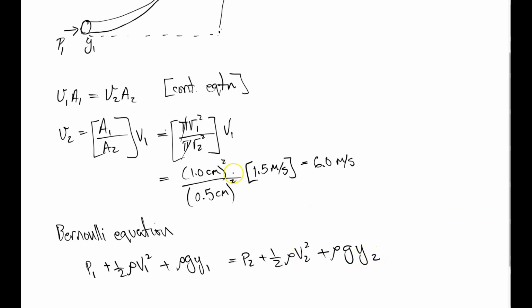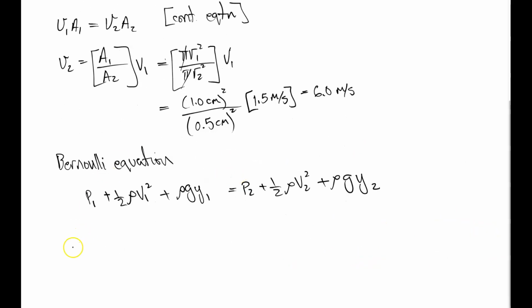We can use this equation to solve for P2 and say that from that Bernoulli equation, P2 would equal P1 minus 1/2 rho. And if I move this term over to the left-hand side, I can factor a rho and a 1/2, and I get V1 squared minus V2 squared.